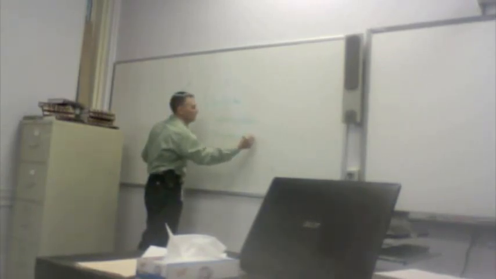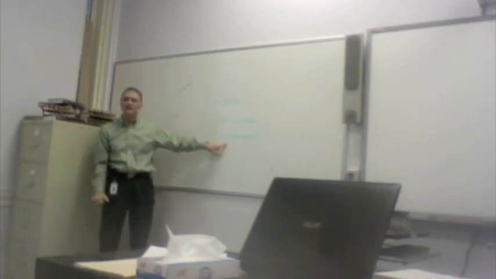1 minus sine squared of x. If this didn't pop into your brain, you have a trig deficiency. Take vitamin E, rub it on your temples. This should have been obvious to you.